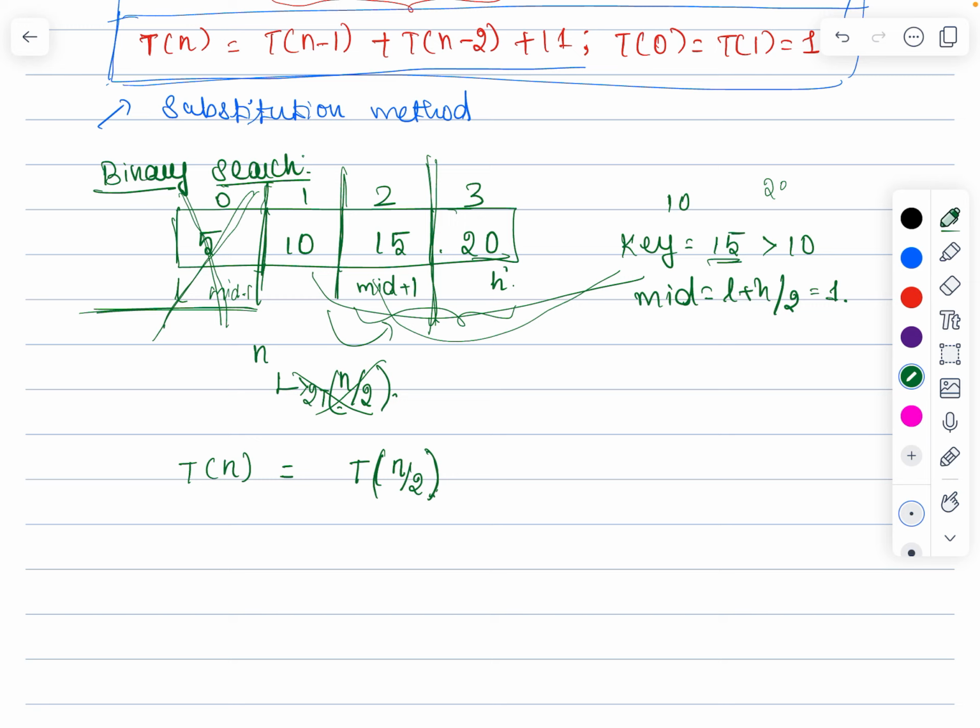In each iteration, how many problems are you solving? You are getting 2 sub problems of size n by 2, but we are solving only one.